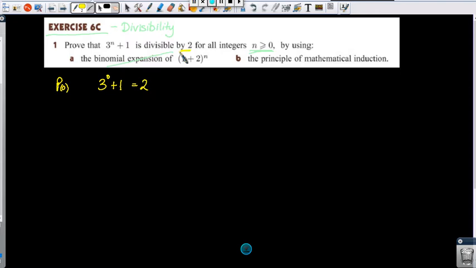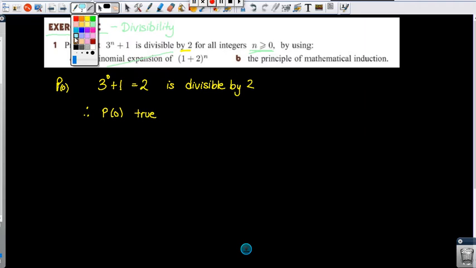That is divisible by 2. Therefore, P0 true. Nice. Next. What was the next step?